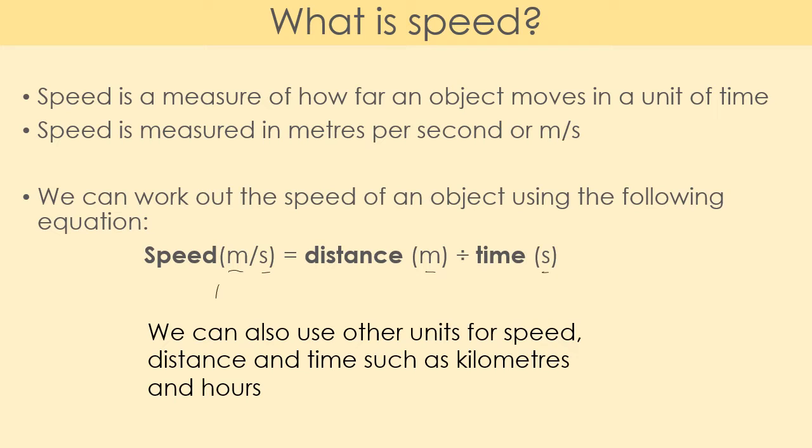So in that case we would have kilometers per hour here. Our distance would be kilometers and our time would be an hour. We can also use miles per hour, meters per hour, kilometers per second. We can change them all around as long as we make sure that our units here match the units on the other side. So our units for speed match the units for distance and time.